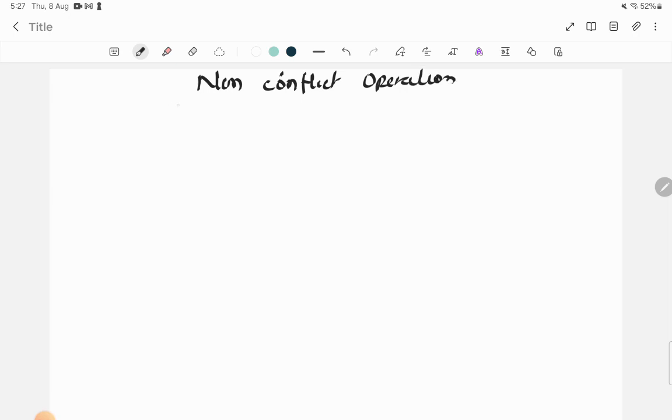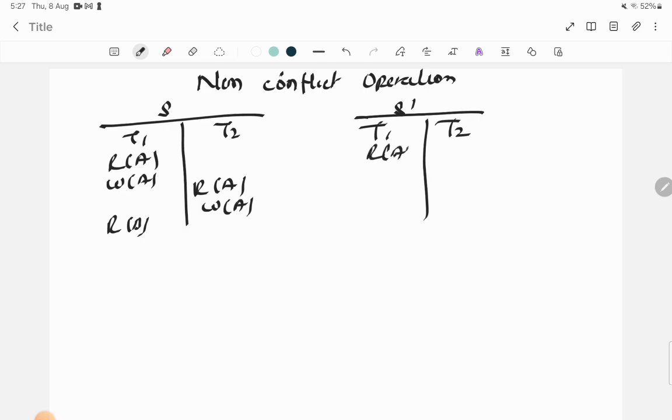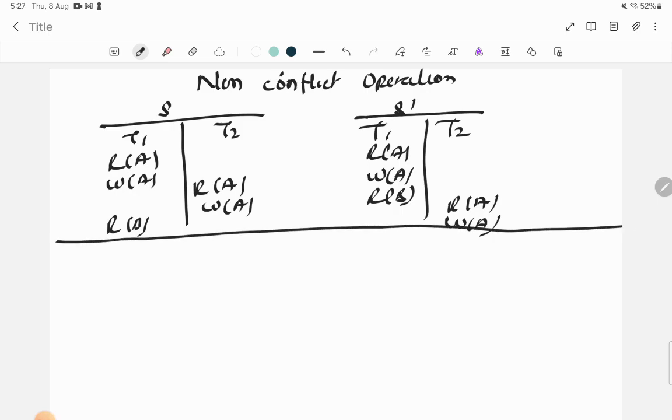Let us take the above schedules, S and S dash, having two transactions T1 and T2, with RA, WA, and RB. Here also we have RA, WA, RB, RA and WA. So what are the non-conflicting operations? For example, in these two transactions, we have got a pair.